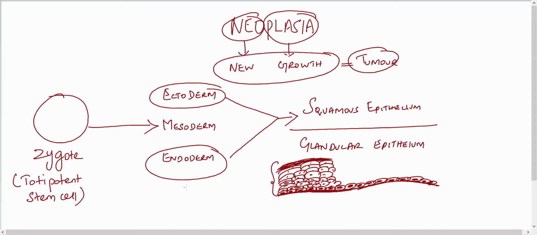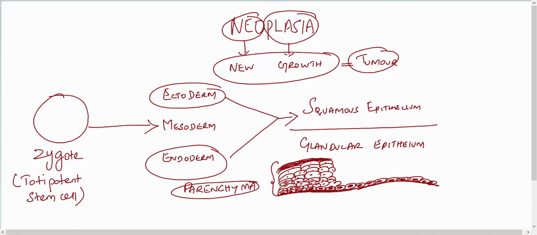So it is called parenchyma. Parenchyma means epithelium, the principal cells of the tissue. What do we mean by principal cells? Those cells determine the function of the tissue.